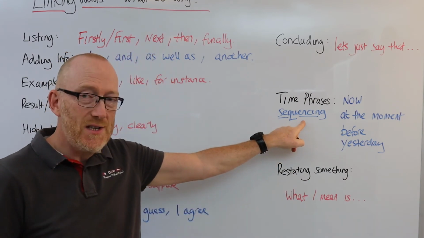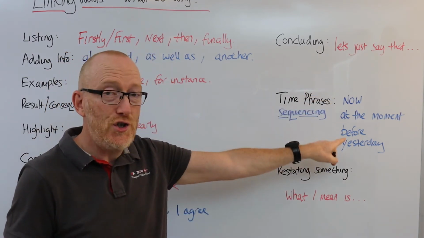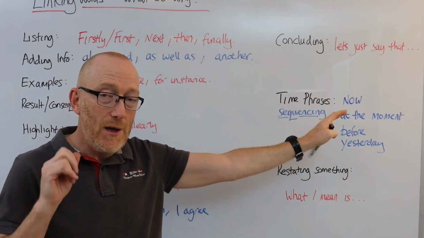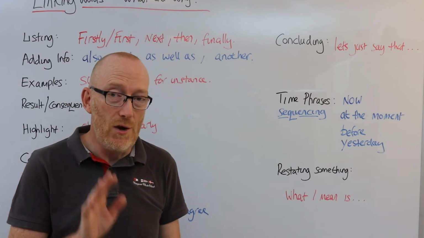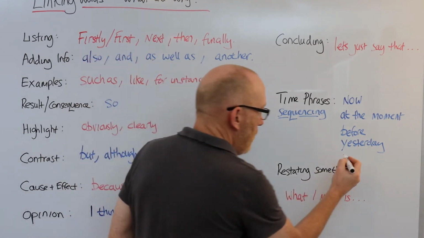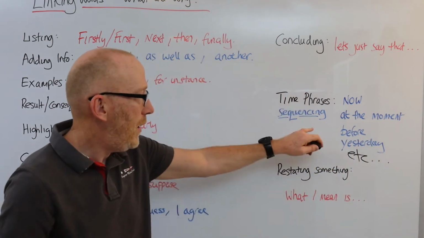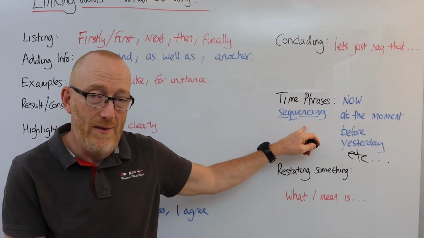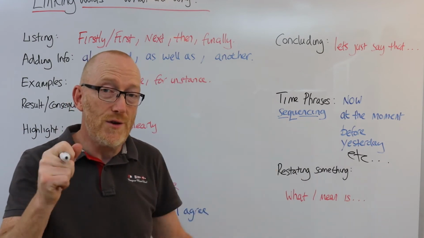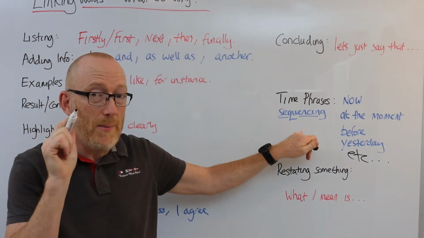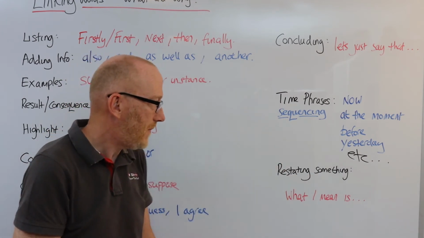So there's a sequence of events. These are just some of the words that you will use for sequencing your events. There are lots more of them, okay? I want you to learn how to sequence events in conjunction with your tenses, okay? So this does require a little bit of grammar work for you as well.